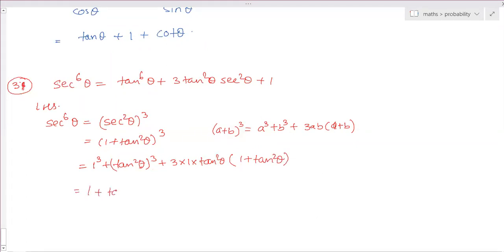That is 1 plus tan to the power 6 theta plus 3 tan square theta into sec square theta. That's it.